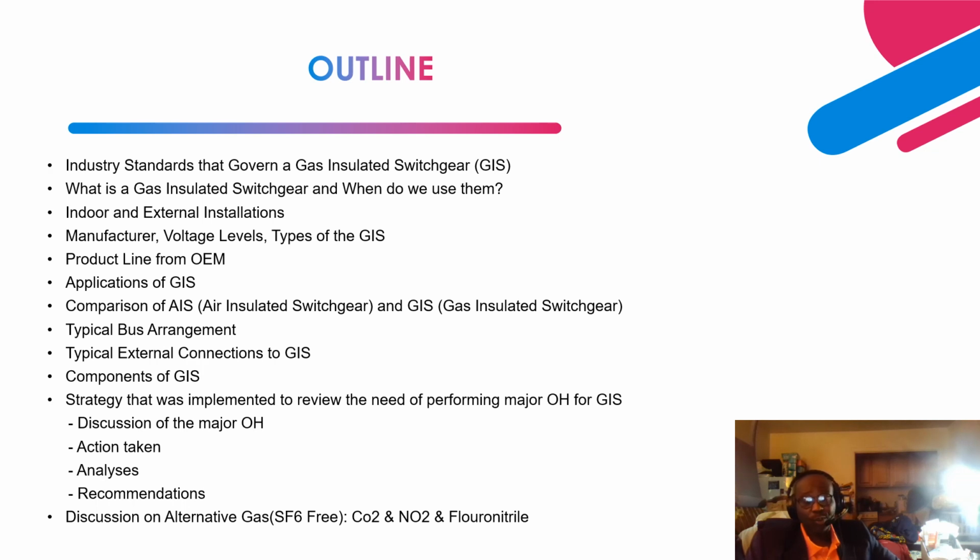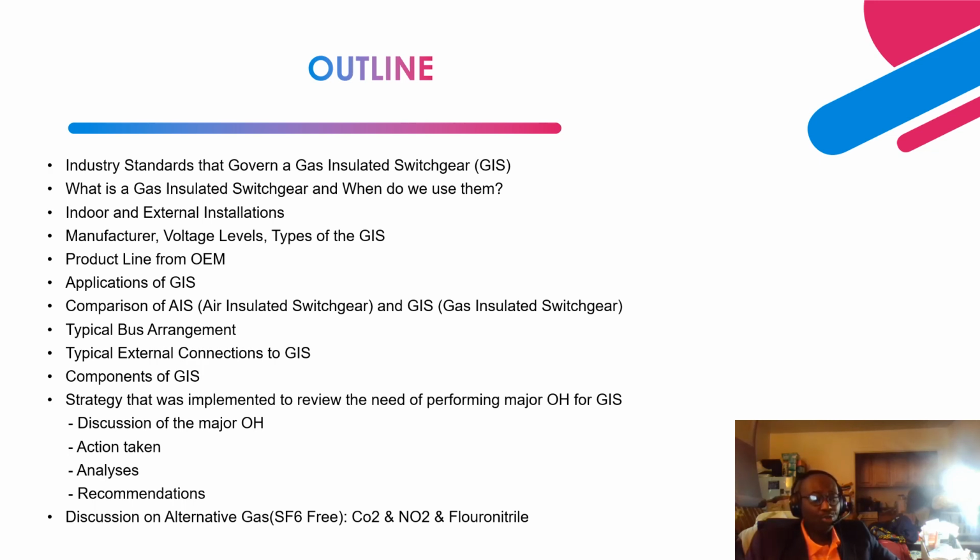Then we have the instrument transformers, that is the current transformers and the voltage transformers. Then we have the feeder cables. Then sometimes we can have surge arresters that is internal to the GIS, and also external surge arresters if there is an interface between an overhead line and a cable.